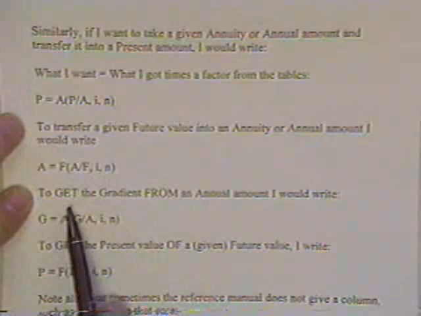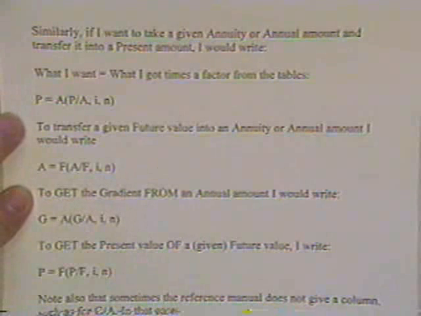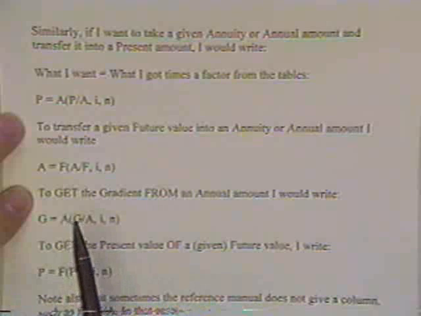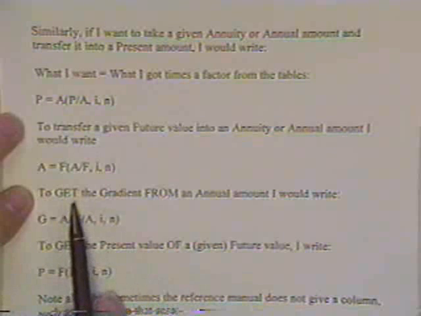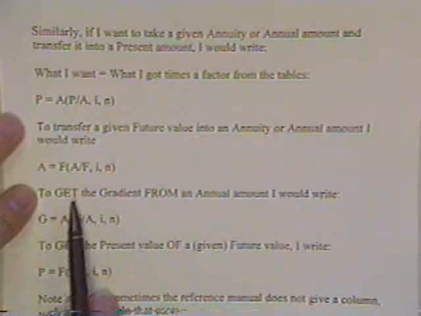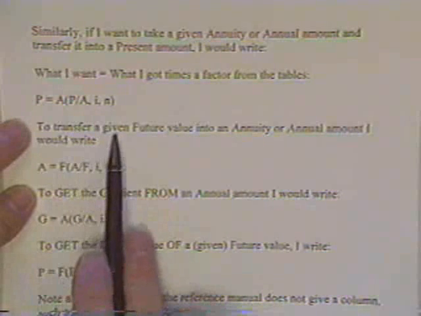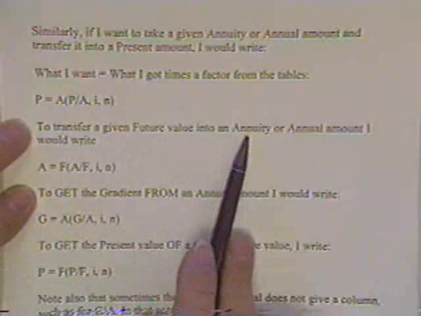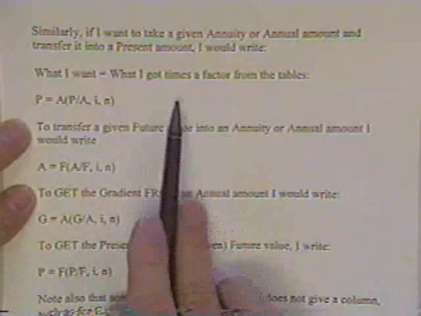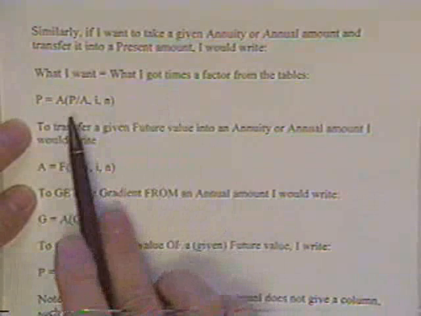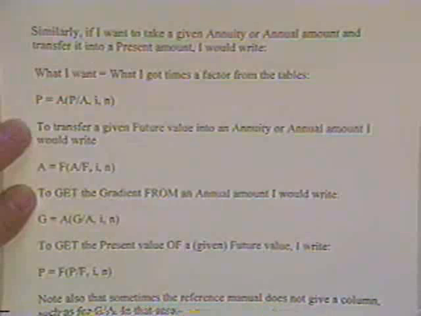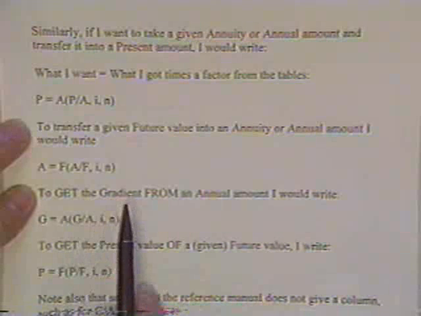Now, the manual may put the wording in a little bit different way than you're used to seeing. So you've got to be careful if you're saying, are you going to get something from something? Or are you going to transfer a given something into something else? Or if you want this and you've got this, be very careful that you're not working the problem backwards.